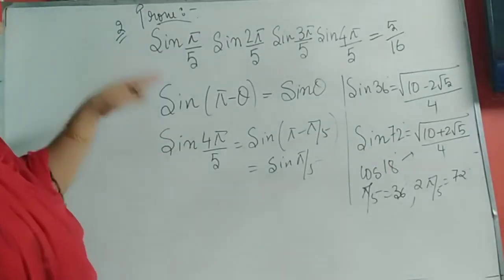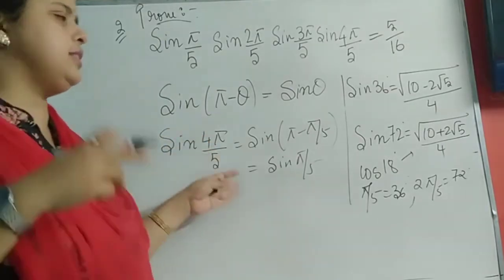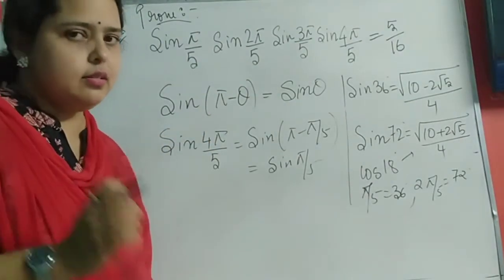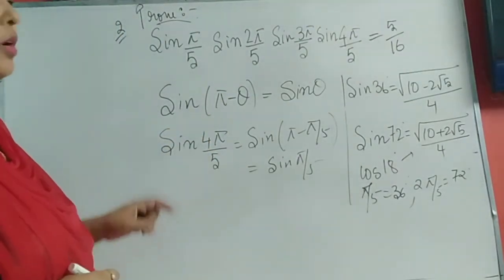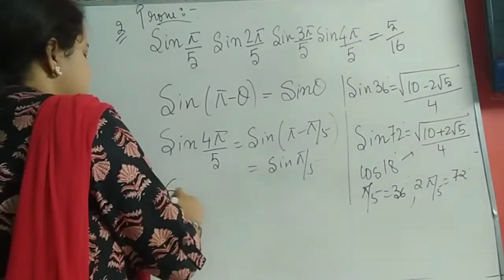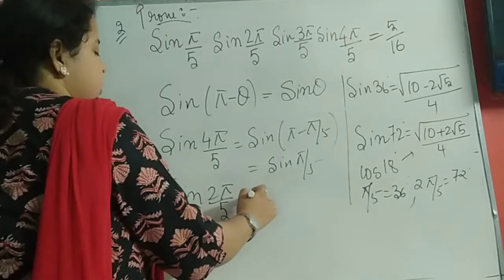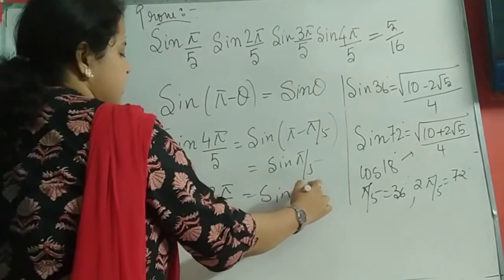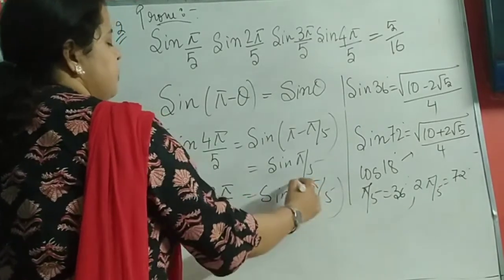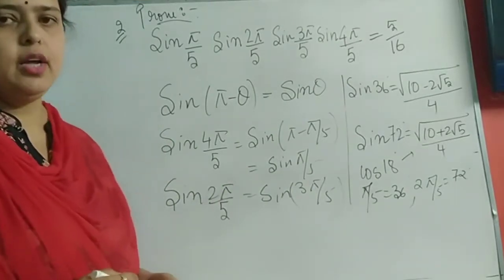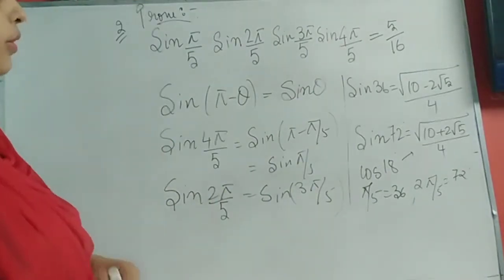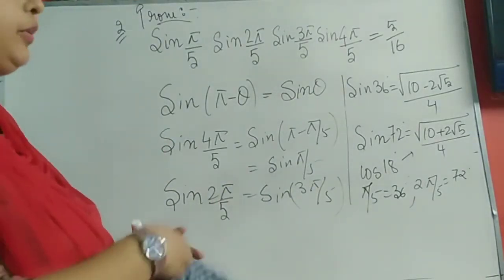See here, that means sine 4 pi by 5 and sine pi by 5 are the same. This is what I wanted to tell you, how to reduce your work. And similarly for 2 pi by 5, I am not showing this. You have understood, I think, why it is sine 3 pi by 5. Fine. So that means the product of 4 is now reduced to the product of 2.